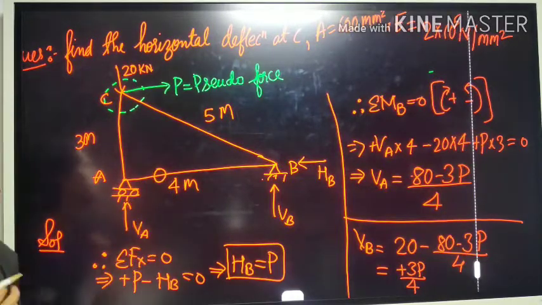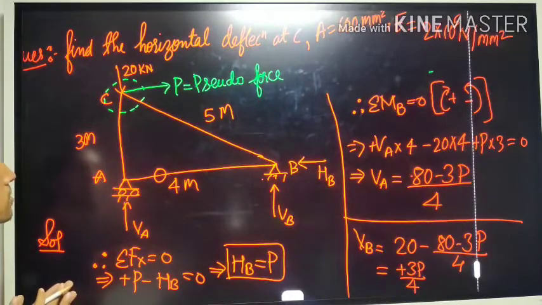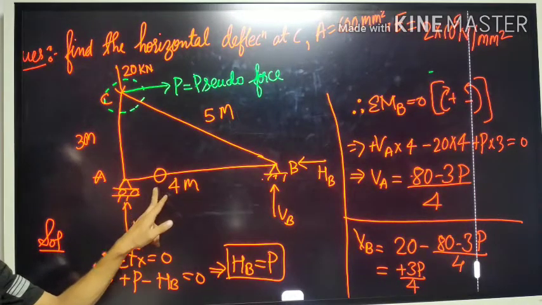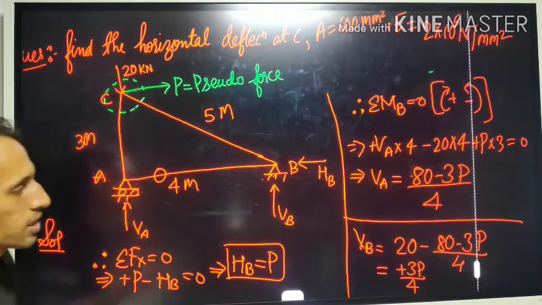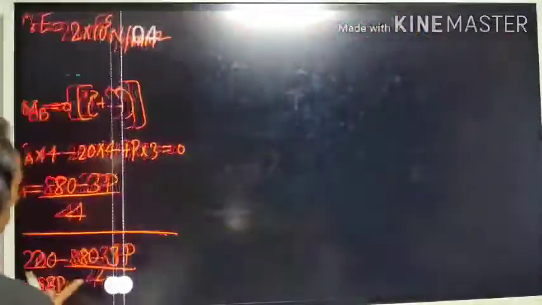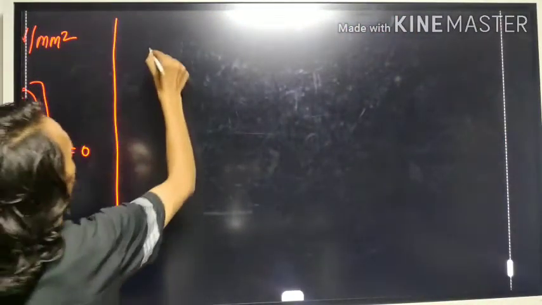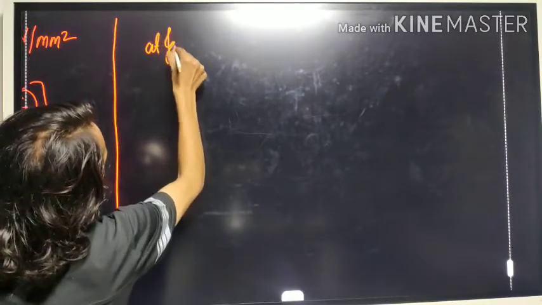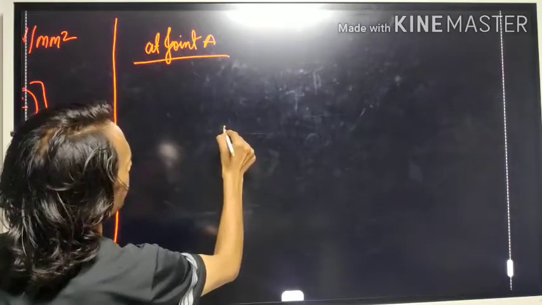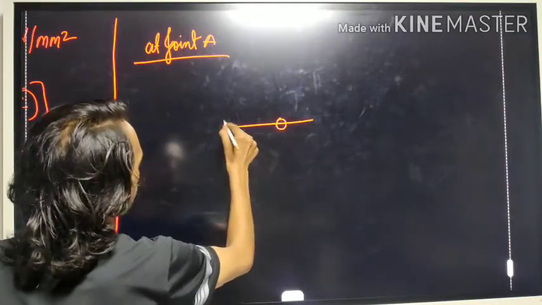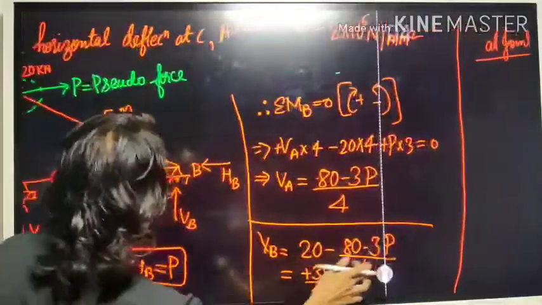I can reduce my calculation by applying the concept of zero member force. So now I have already found one value without solving. Now let's start solving at joint A. This is a zero member, so it does not matter. So what else was here?